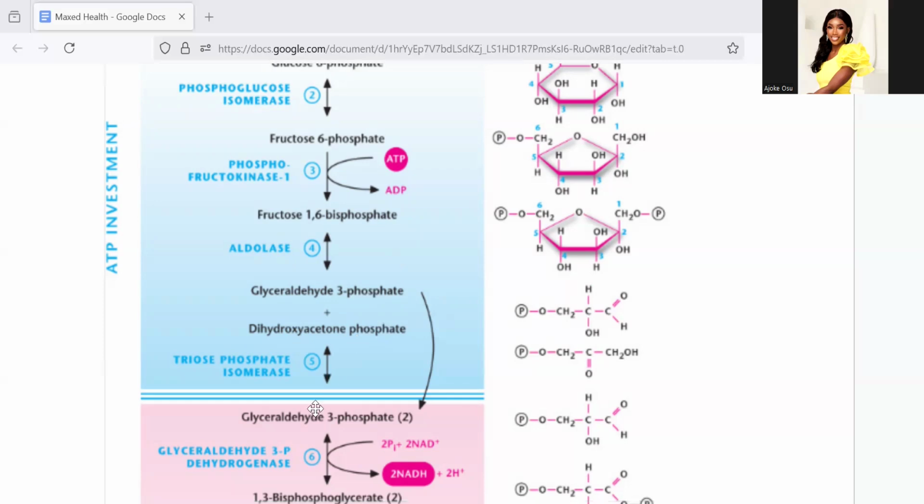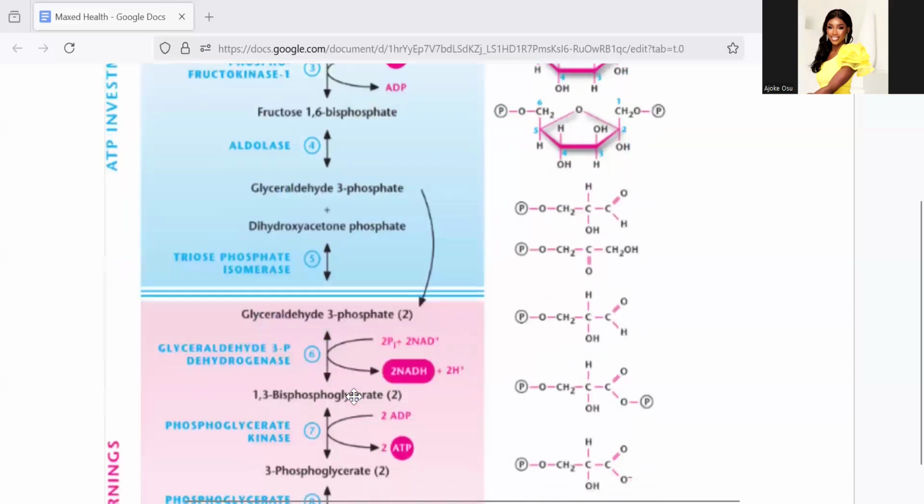The 2 molecules exist in equilibrium, but the equilibrium is pulled strongly downward, since glyceraldehyde 3-phosphate is used up. Thus, all the dihydroxyacetone phosphate is eventually converted.